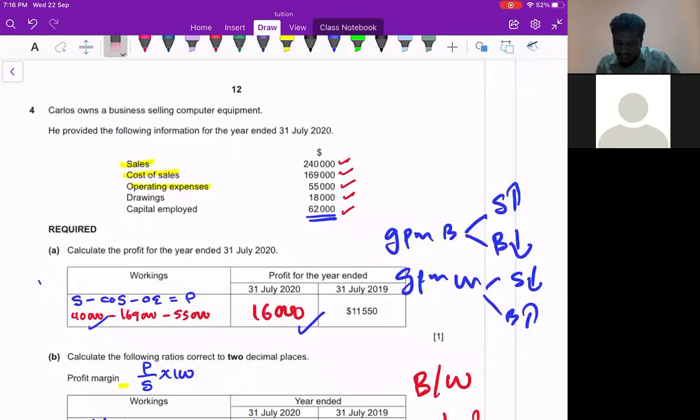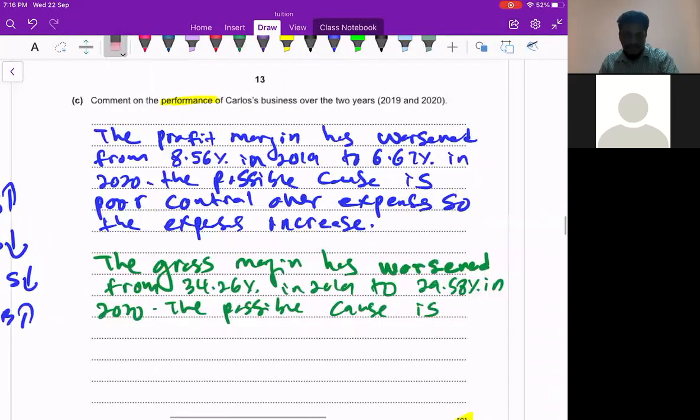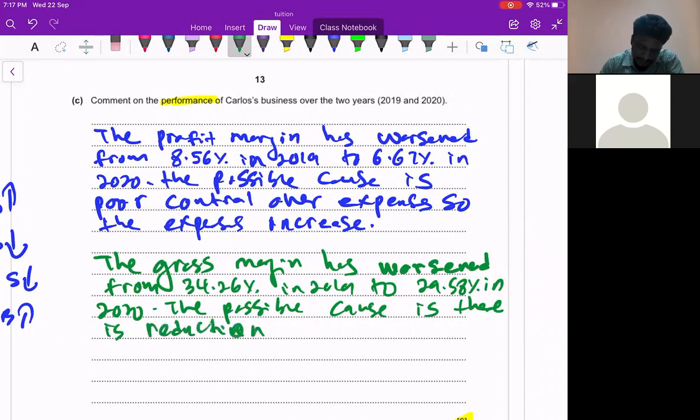Okay, so now become worse means it's either you sell for cheaper price or you buy for higher price. Okay, the reason is there is a reduction in selling price. I repeat again, I say reduction in a selling price.